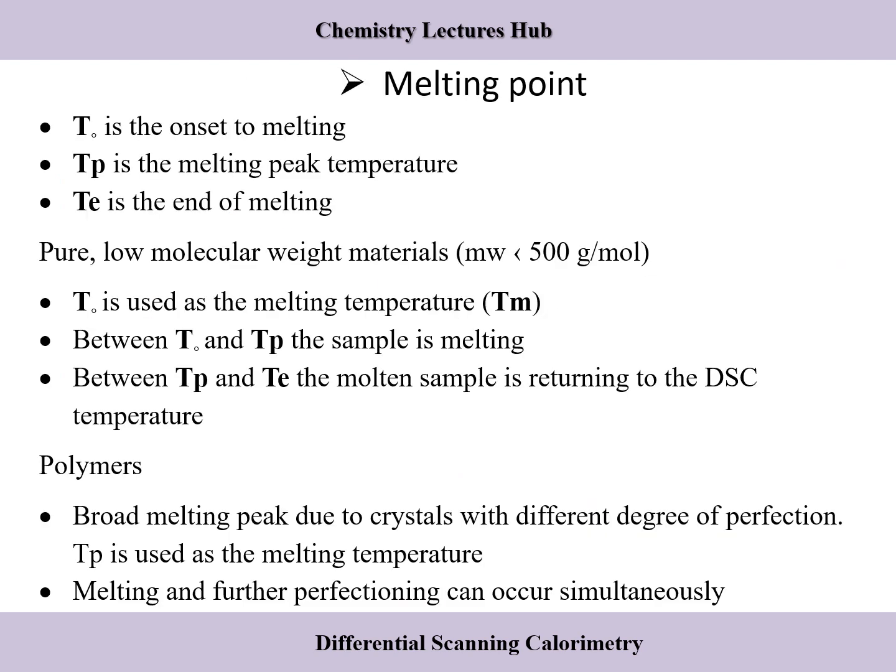This is another application of DSC, that is, melting point. What is melting point? Melting point is a fundamental physical property that specifies the transition temperature between solid and liquid. It is widely used in pharmaceutical sciences, organic chemistry, and biological chemistry.